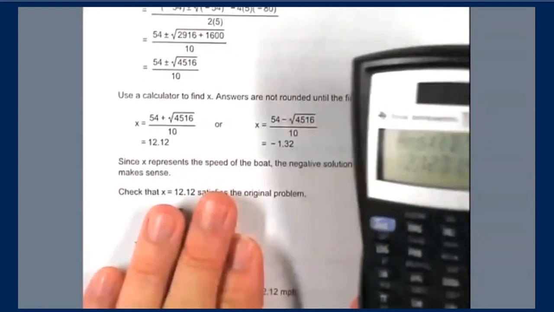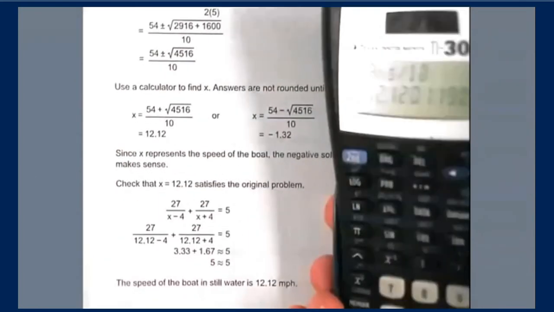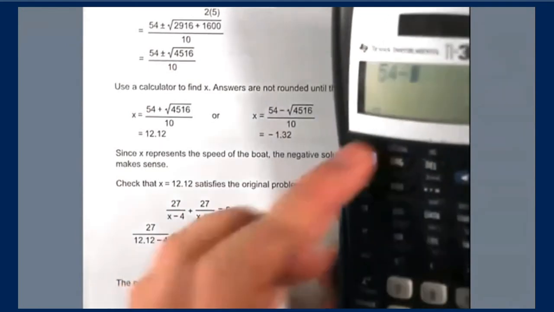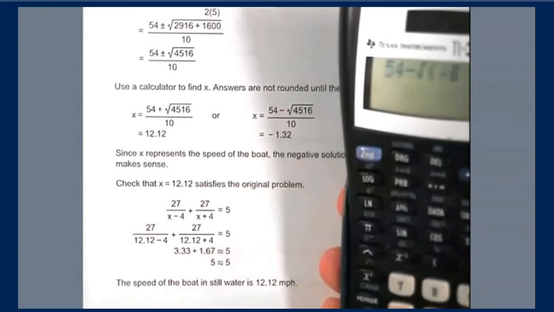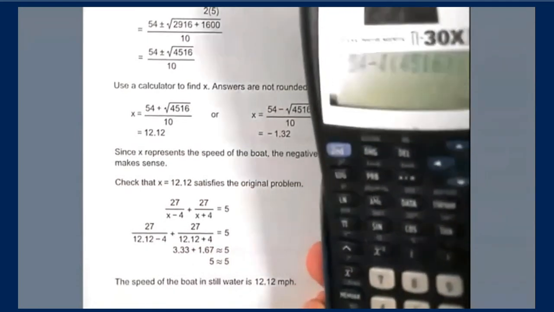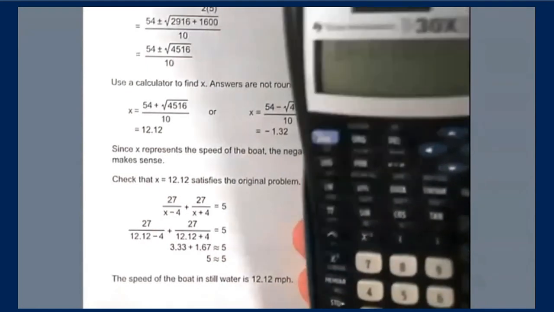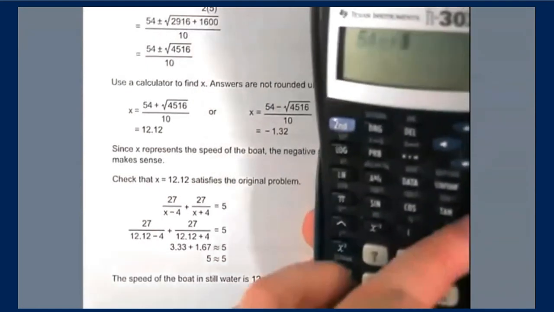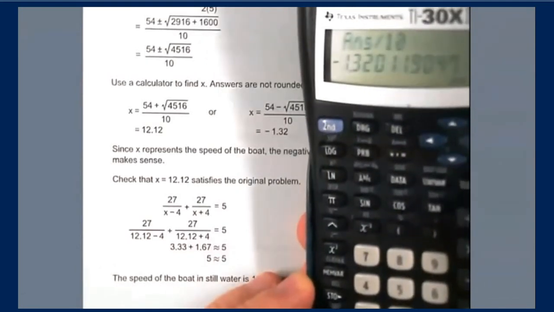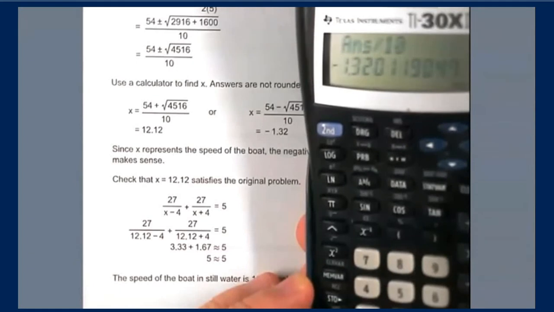So when we plug in 54 minus the square root of 4,516, and then divide that by 10, we get negative 4.32.